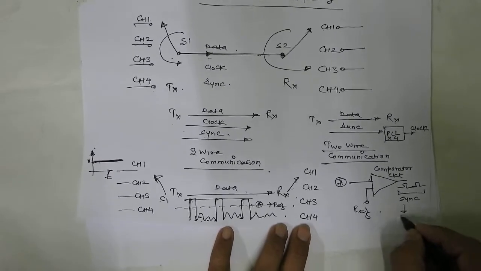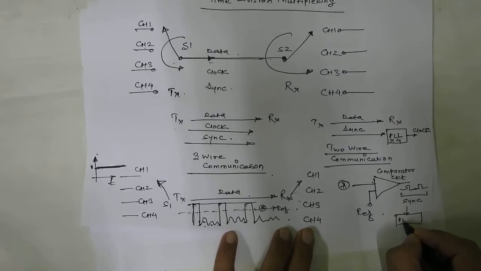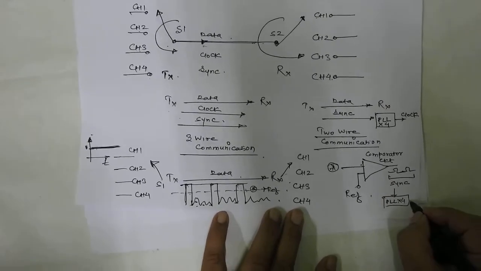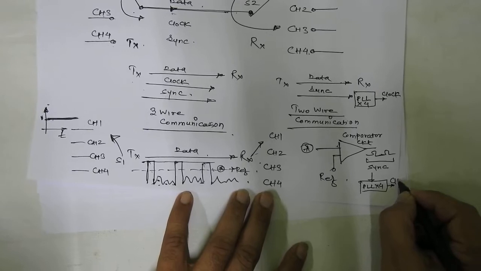Again, it will be given to a PLL which will do the multiplication by 4 and give me the clock.